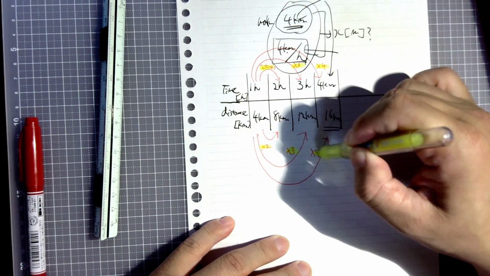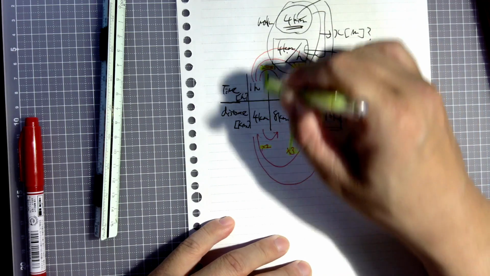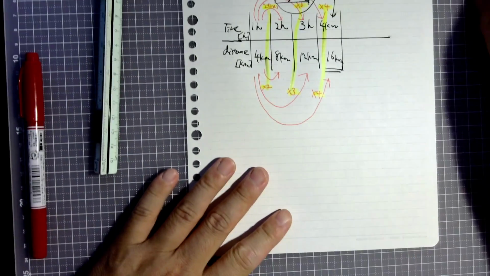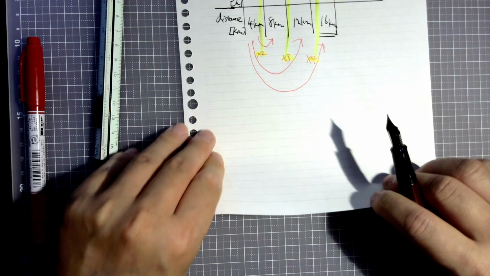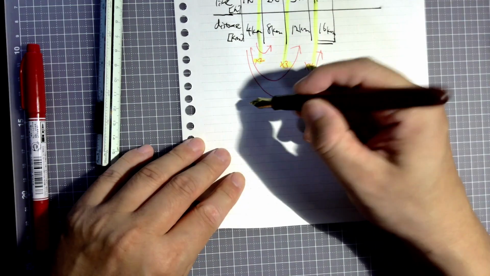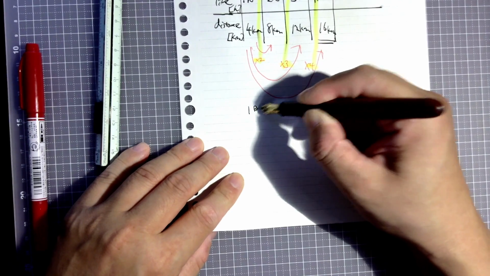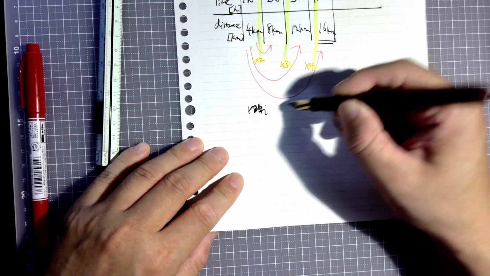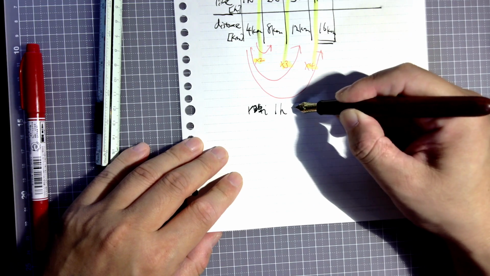Let me describe it in another way. If you walk 1 hour, you walk 4 kilometers. So let me express it as a ratio.